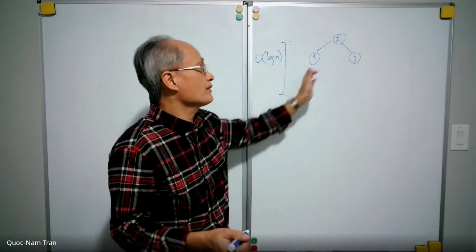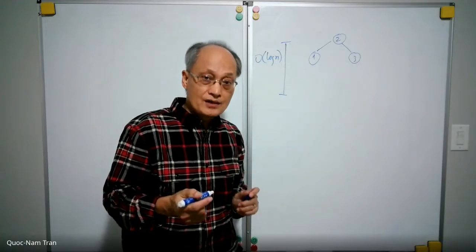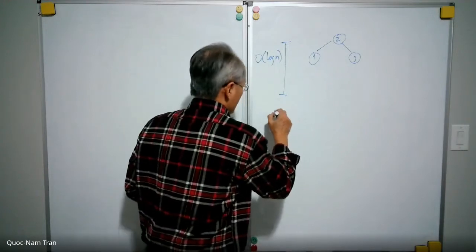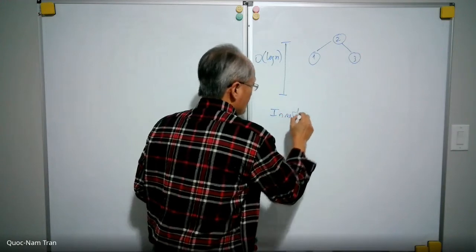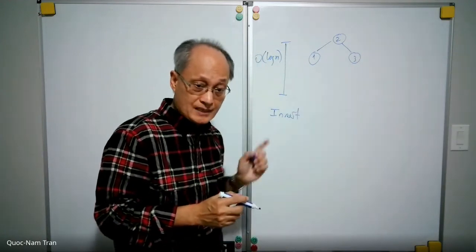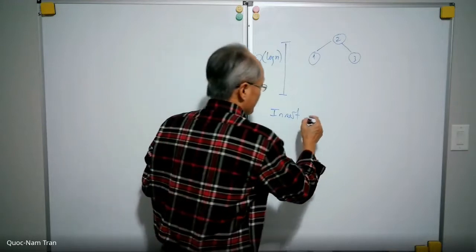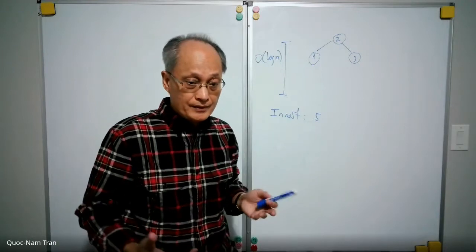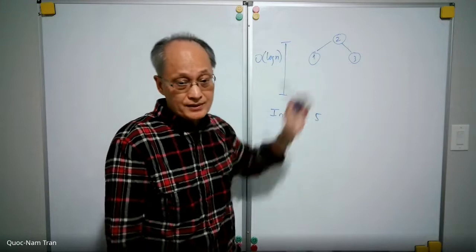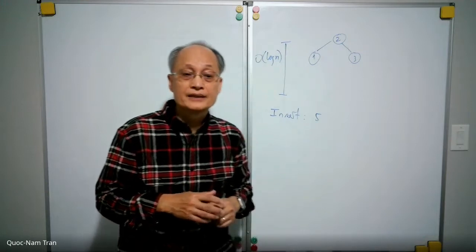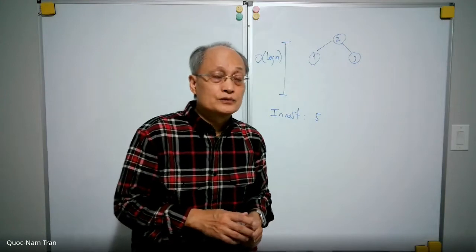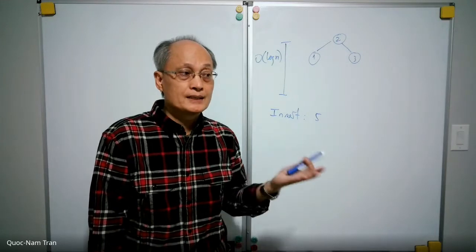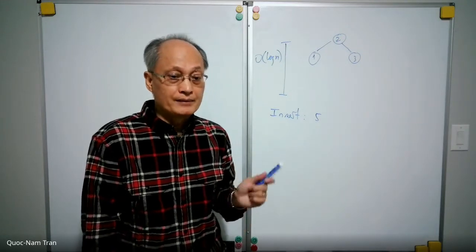Now here we have a binary search tree. What will happen if I insert a new element into this tree? For example, I want to insert 5. What should I do? I guess you already learned about the binary search tree, even in CMPS 280.